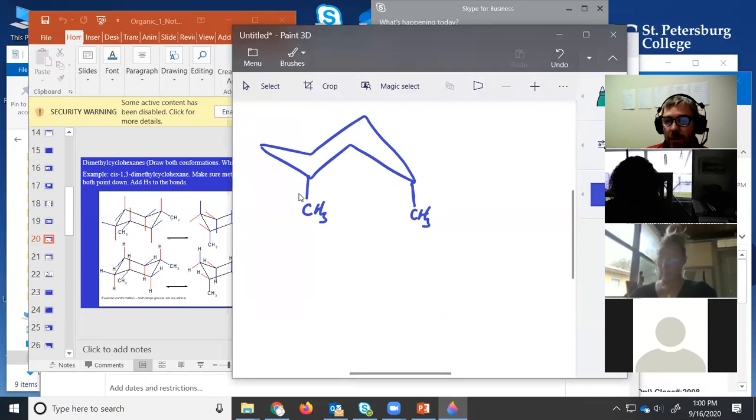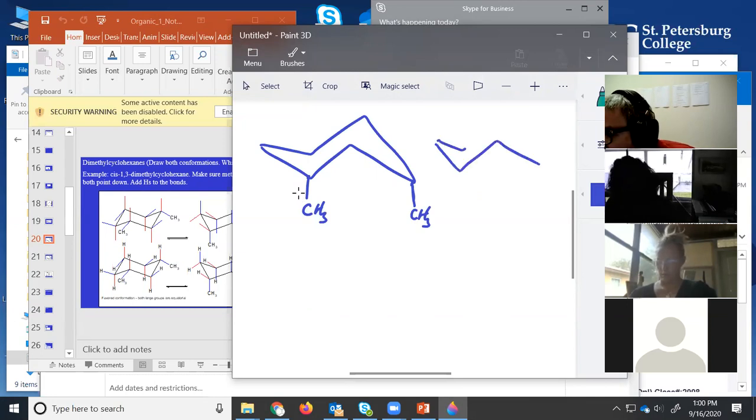Now, one thing I want you to realize, and this is a point of confusion that I often see, is that cis doesn't mean both axial or both equatorial, because I can show you examples where it's going to be cis. In fact, I'll do one over here. This will be 1, 2. This is cis 1, 3, and this will be cis 1, 2 that I'm showing you here.